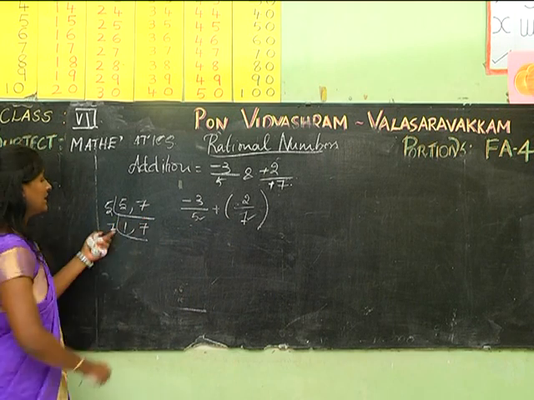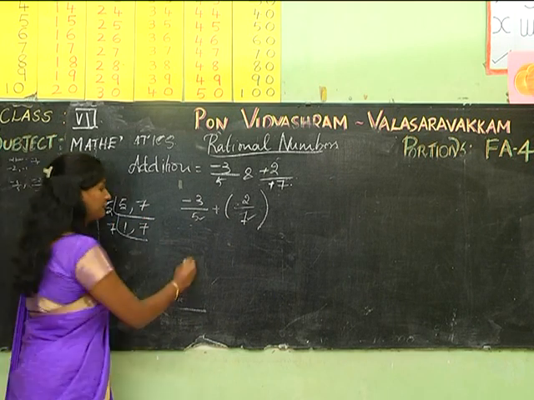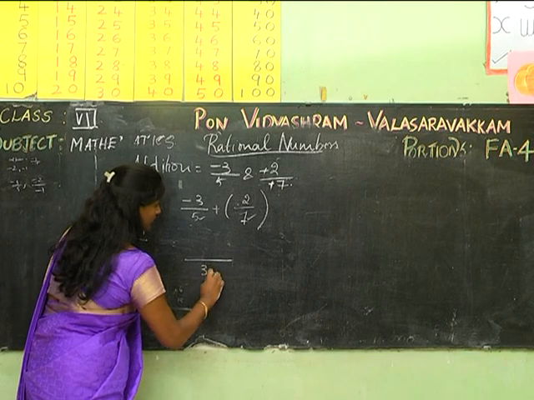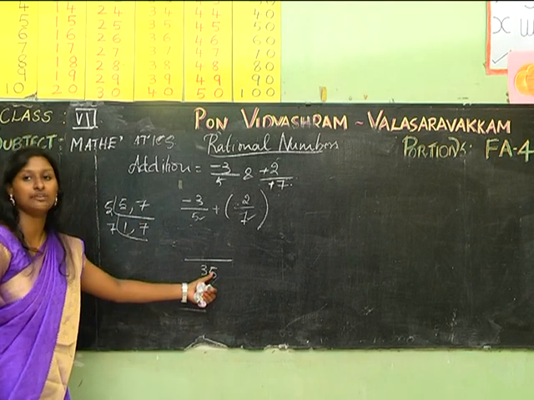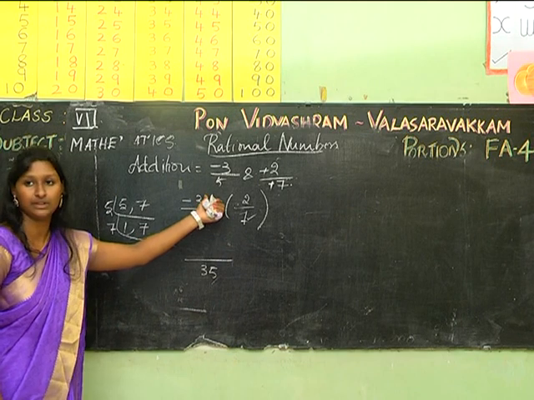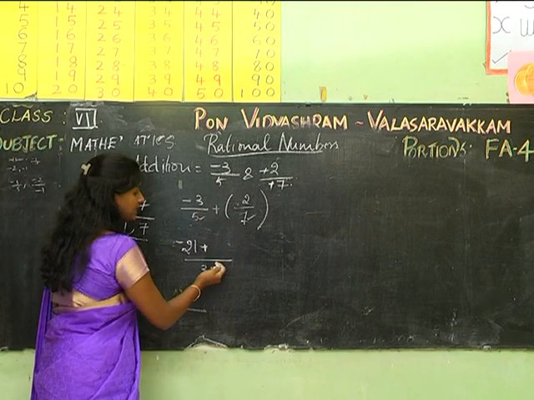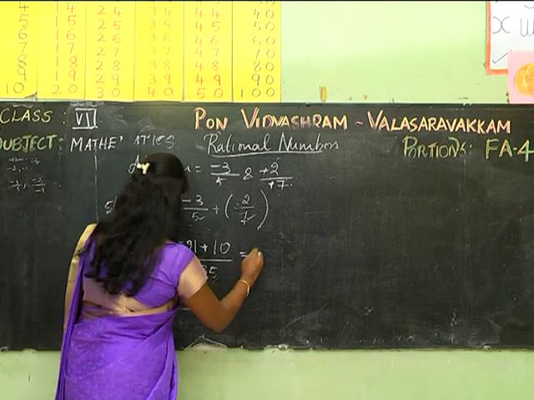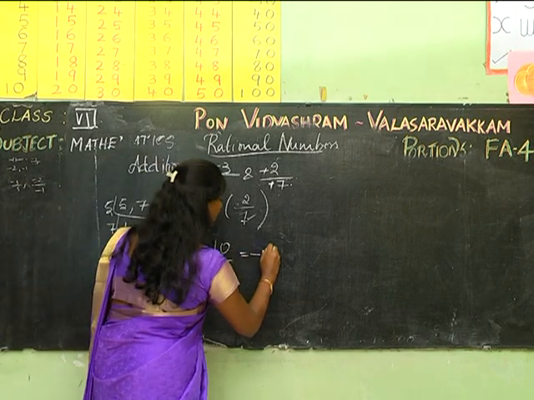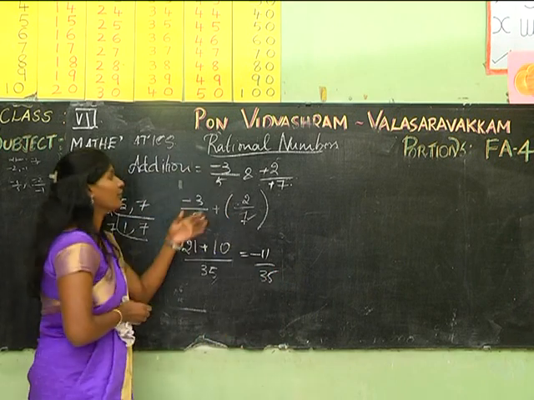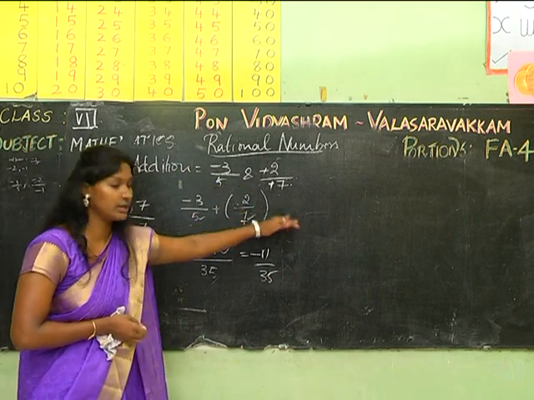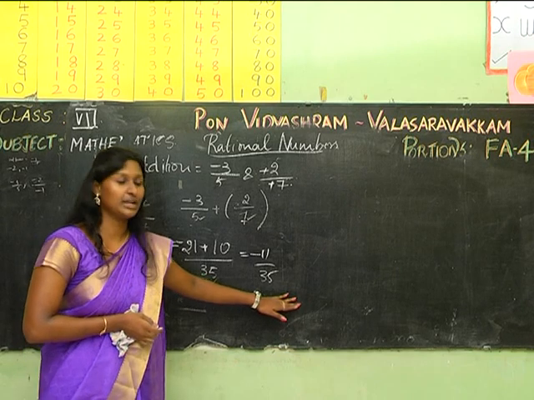So my LCM will be 35, that is 7 into 5, 35. And 5 times 7 gives you 35, and 7 times 3 gives you minus 21. Plus 7 5s are 35, 5 2s are 10, which gives minus 11 by 35. Therefore, the addition of these two rational numbers will give you minus 11 by 35.